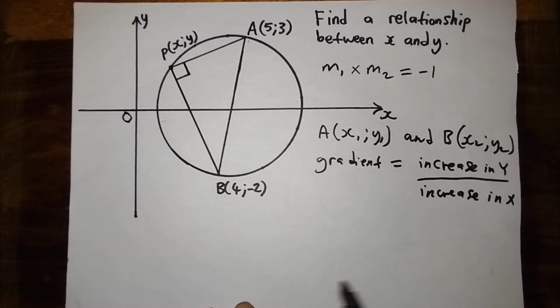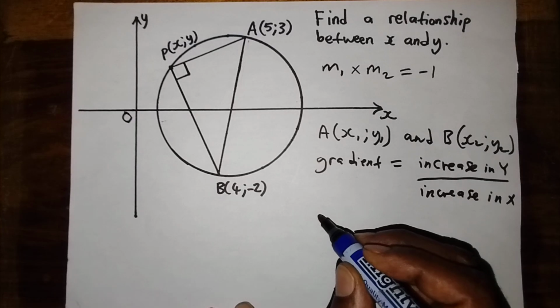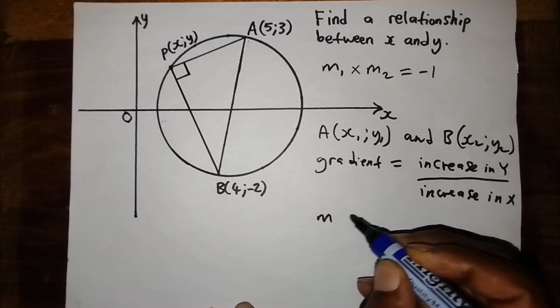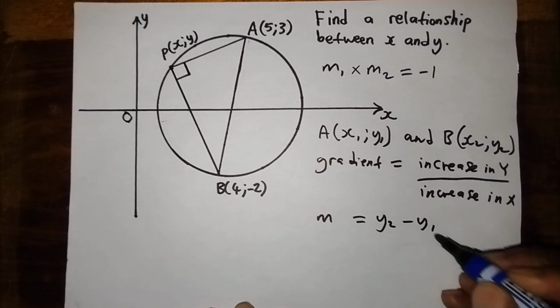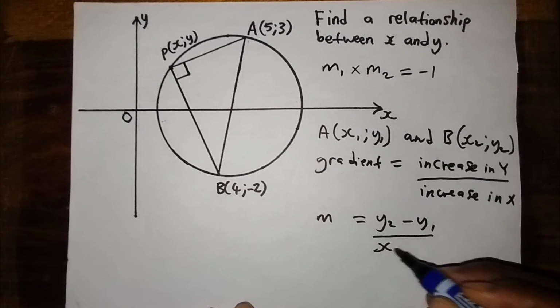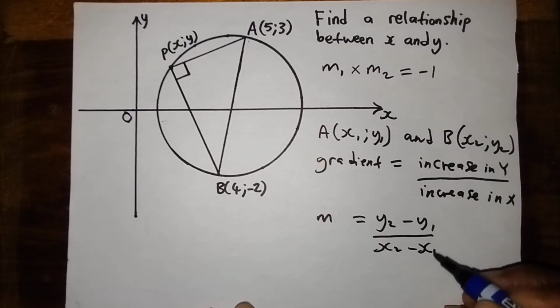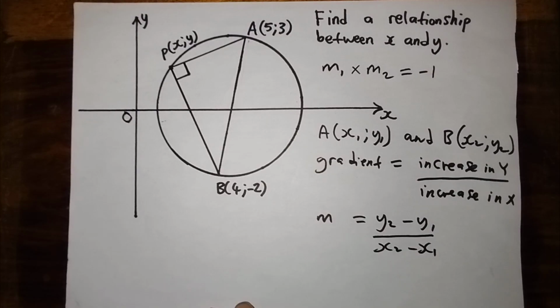We can write it as follows: m, standing for gradient, equals (y2 minus y1) over (x2 minus x1).